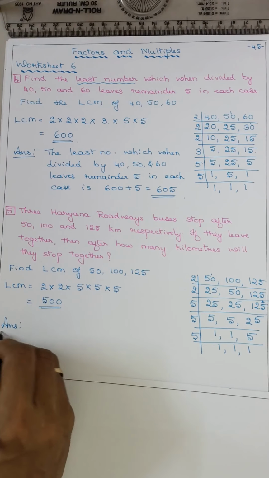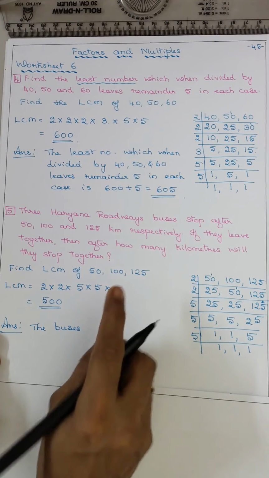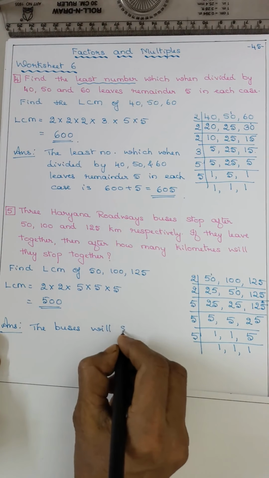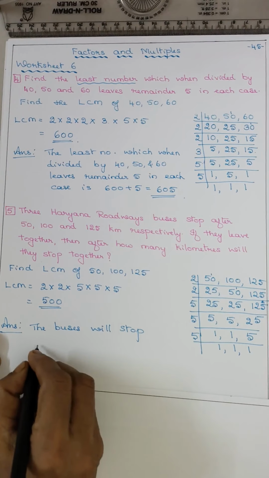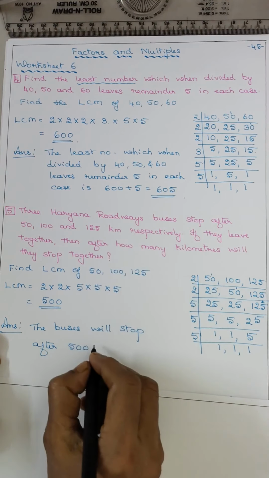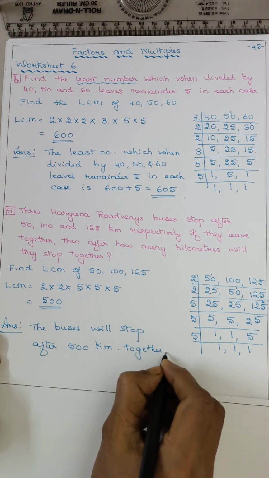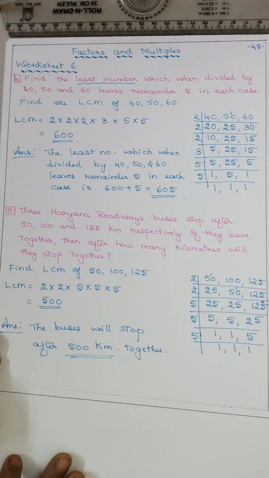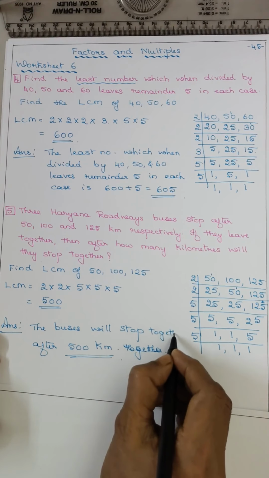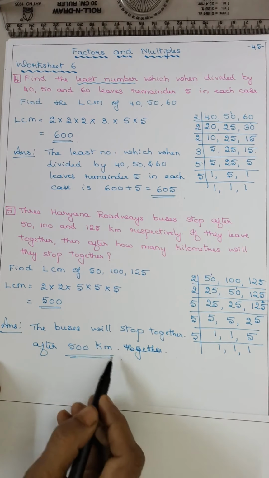So answer: the buses will stop together after 500 kilometers. Is it okay? Don't forget to write the unit.